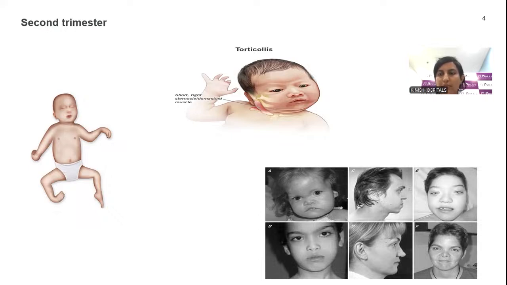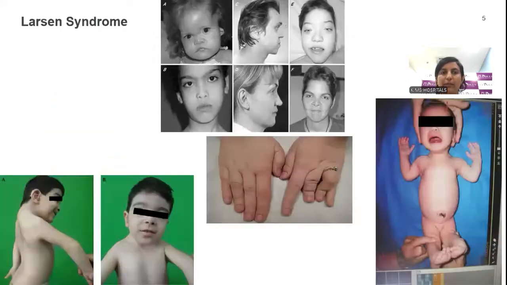It is seen in some genetic syndromes like myelodysplasia and Larsen syndrome, which is associated with dysmorphism, short fingers, congenital dislocation of hips, knees and elbows, along with spinal defects.